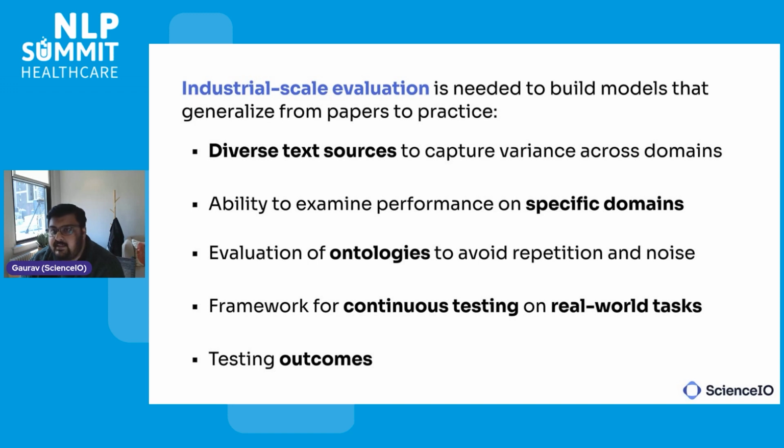So how does one then take that, make it something that is usable and that a model can learn from and incorporate? So evaluation of ontologies and being able to support interoperability between different NLP systems is also something that is going to be really important.